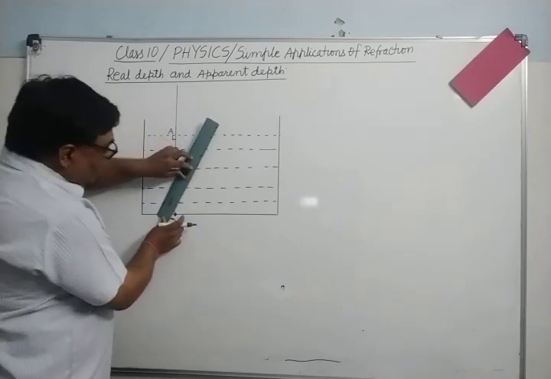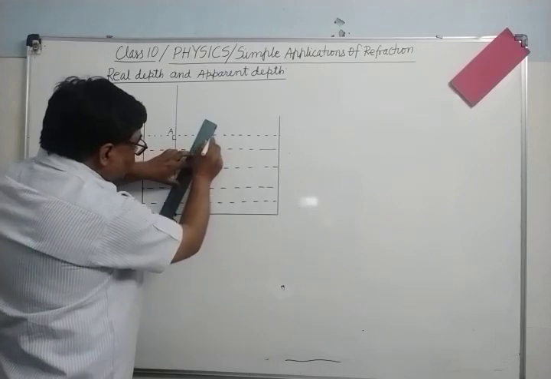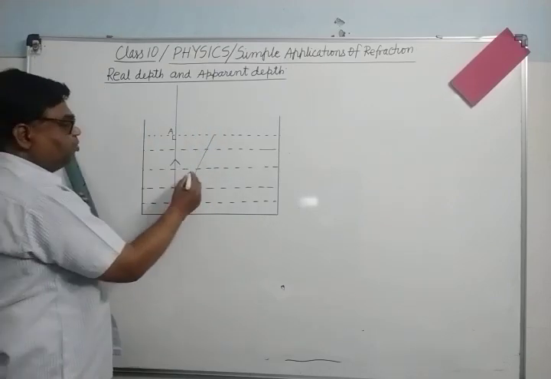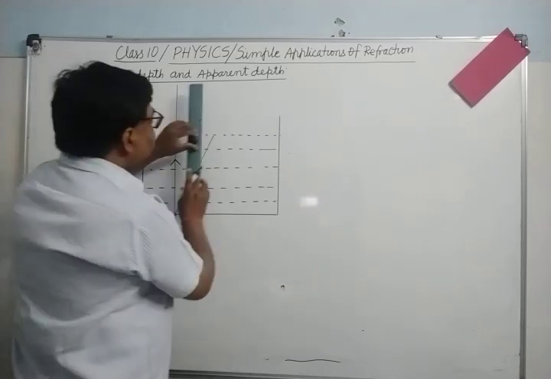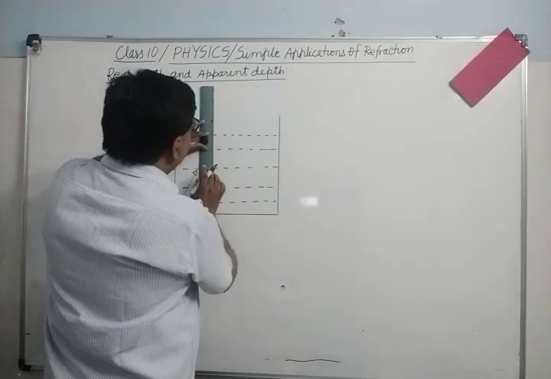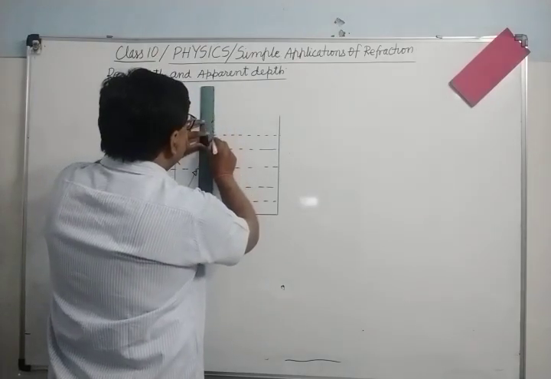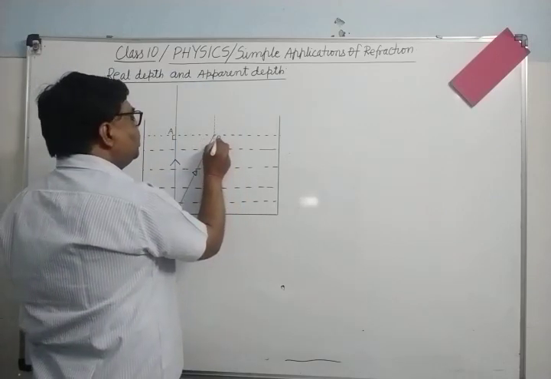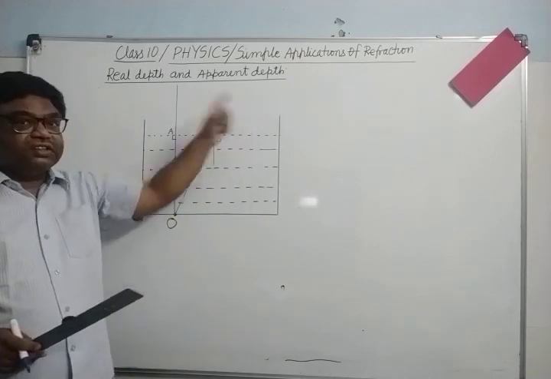Now there is another ray which is going obliquely. Obliquely means in a slanting direction, not in the vertical direction. Since it is moving from water to air, this point you can name as B. So this is water and this is air.